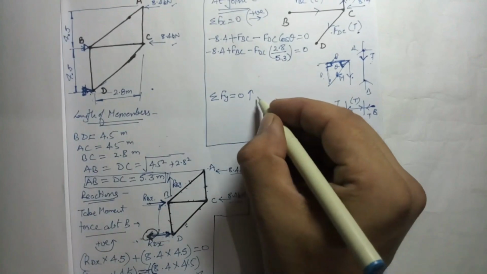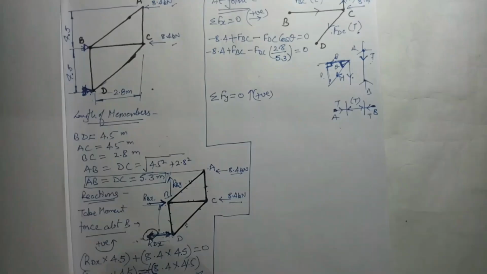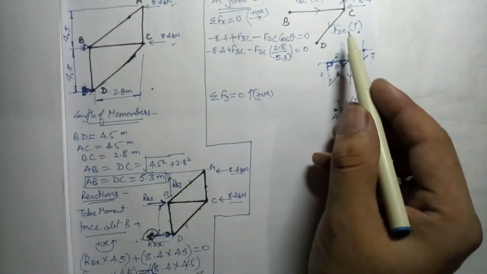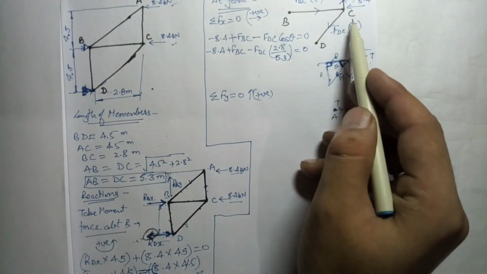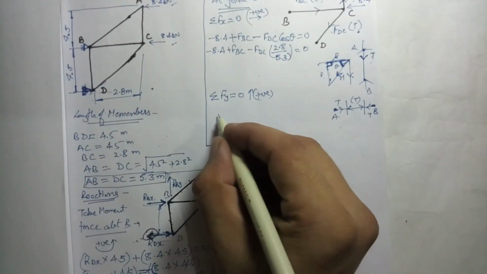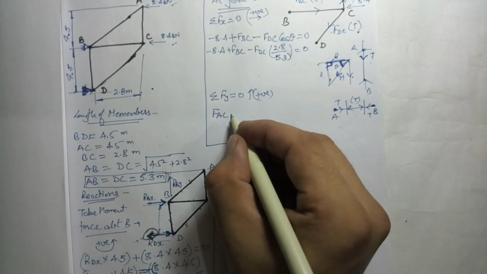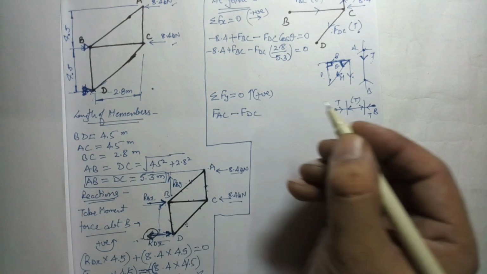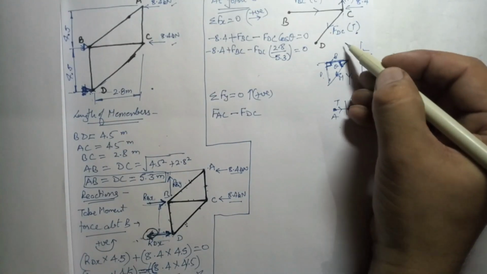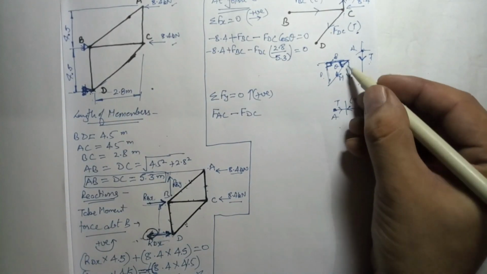So let's say for the y direction, upward I have taken positive. Now what are the forces upward? Tension in AC, we have the value. First I write the equation: FAC positive because it is an upward force, minus FDC, which has a vertical component also, meaning now I am taking this component.